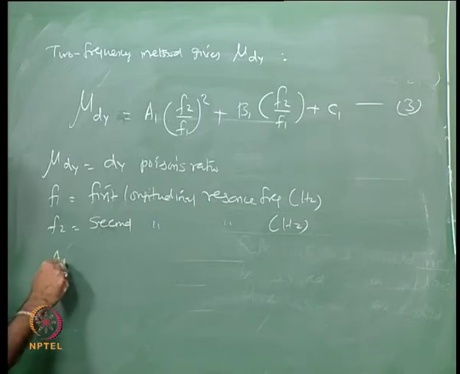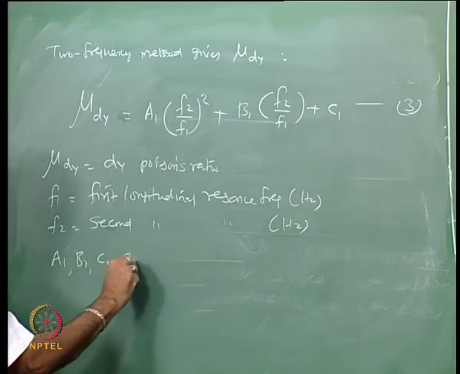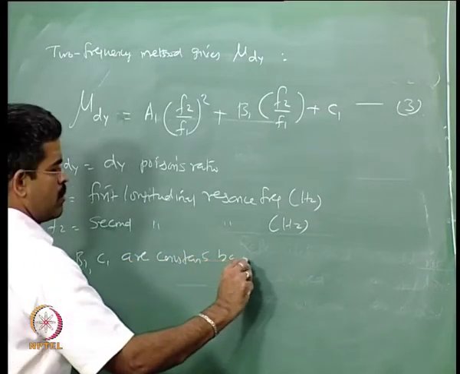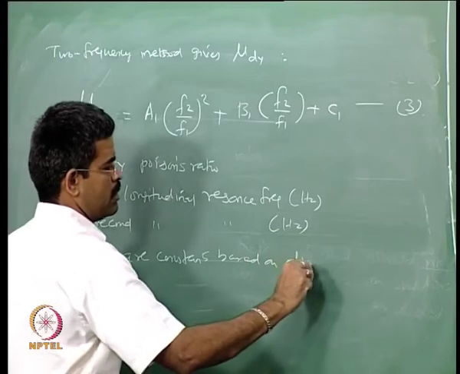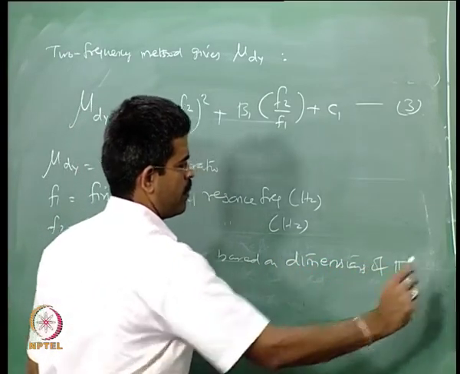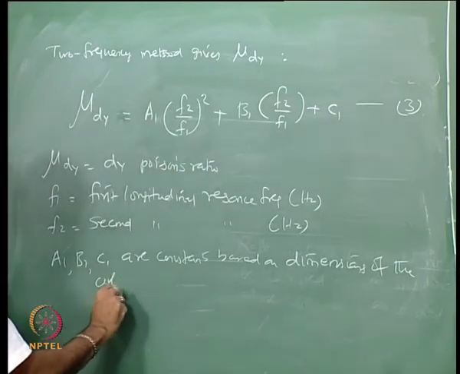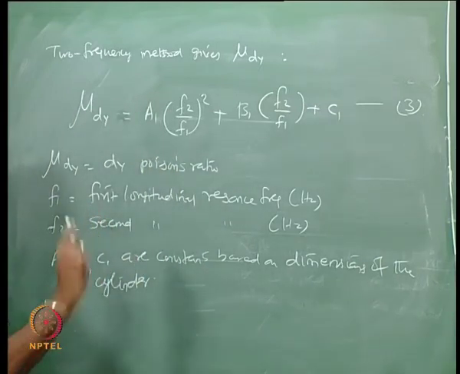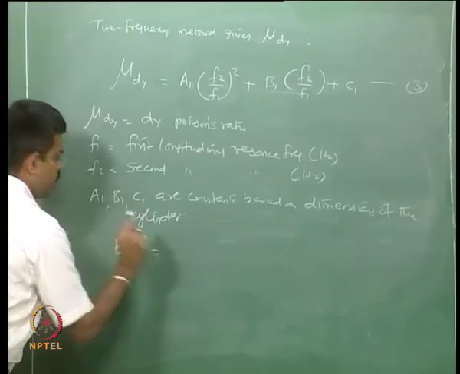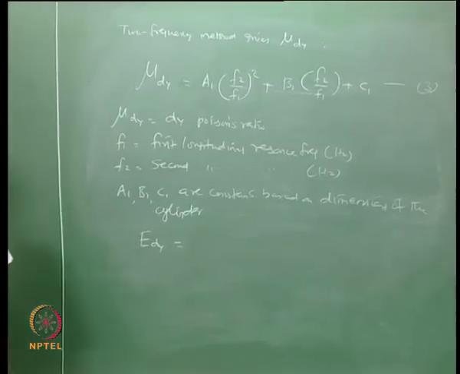A1, B1, C1 are constants based on dimensions of the cylinder. Once I know mu dynamic, then I can find E dynamic using this equation.